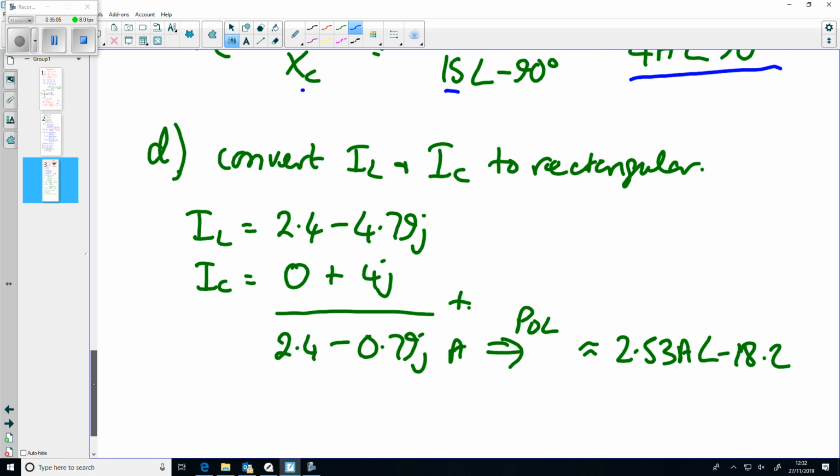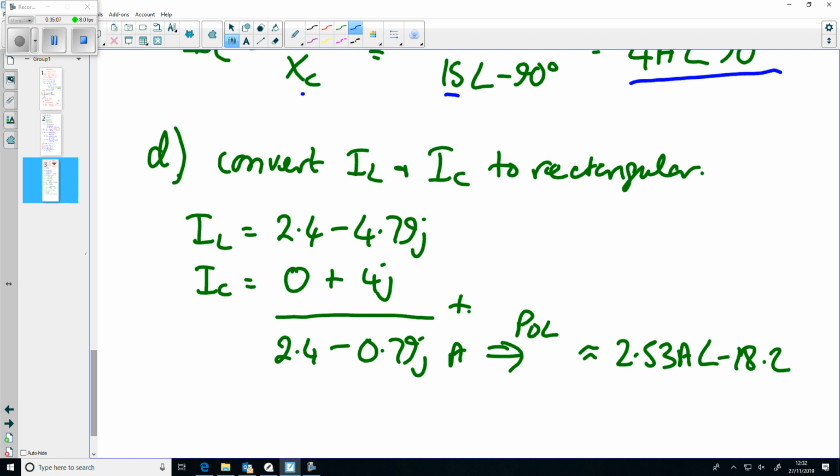For D, convert IL and IC to rectangular, so I've done that there. 2.4 minus 4.7j and 0 plus 4j. Hang on, I've got a sign wrong there. That should be minus 4j, should it not?